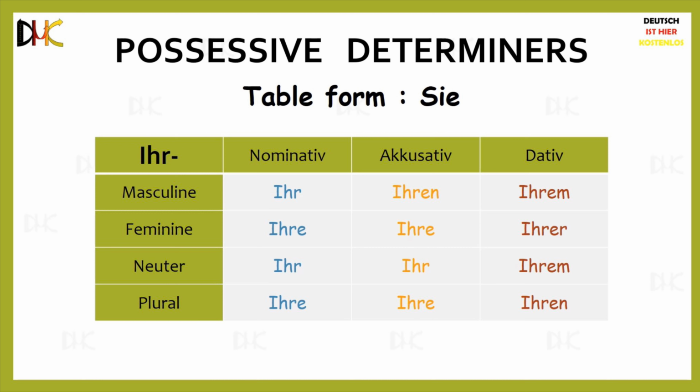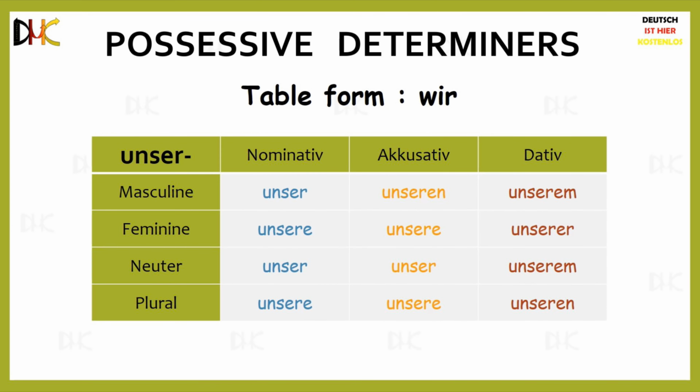The only difference between this table and the previous one is the capitalization of the letter I. Everything else is exactly same and straightforward. The possessive determiner of wir is unser. Again, this is very straightforward. You replace mein by unser and you will have the table of declension for unser.